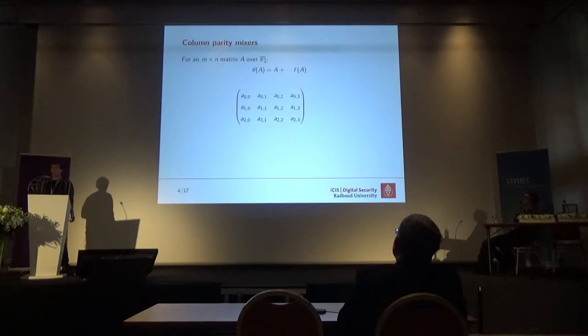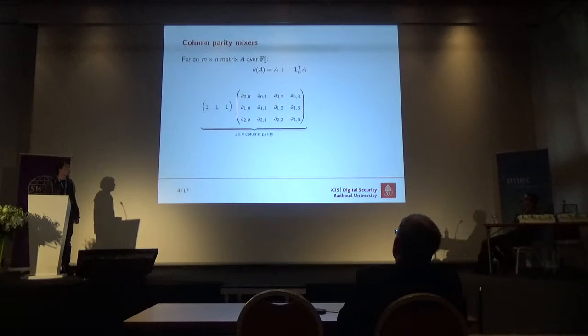So to do this, we look at our state as a matrix A, which is given here, and we have to find some function of A that we then add back to the state. And the first thing that we want to do is to compute the parities on this matrix, and we do that by just adding this all-one vector in front. It contains the number of rows once, and it's a row vector. And if you think about it, this basically just computes these parities if you compute this matrix product.